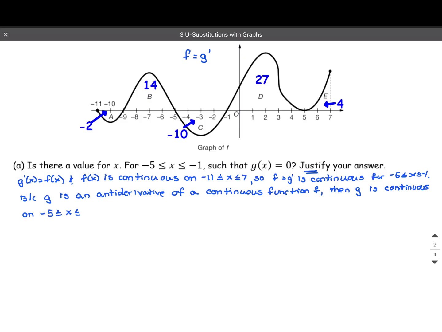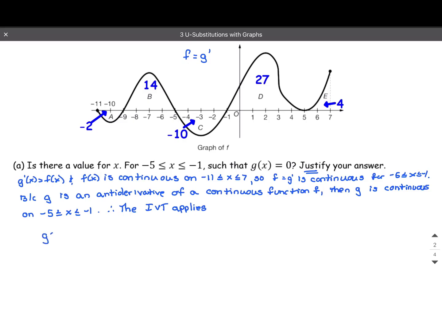So not just g prime, but also g. And that means the intermediate value theorem applies. Now, I can't say the mean value theorem because I haven't proved differentiability yet. Okay, so let's take a look here.